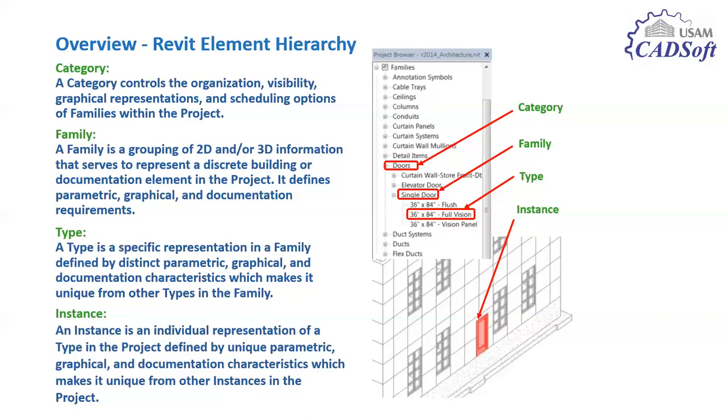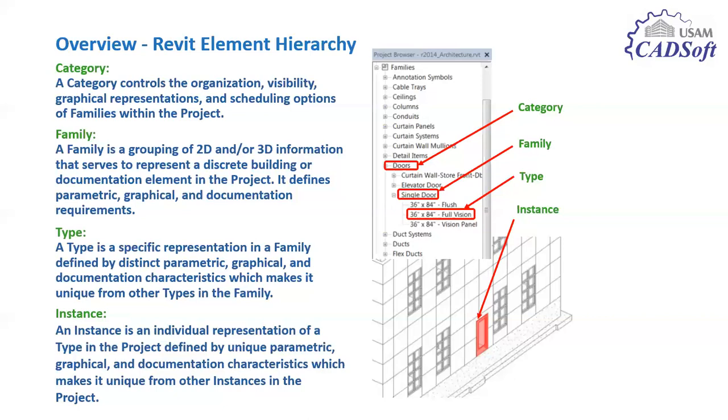Okay. So now, for all these families, an instance is basically the element which is there in the project, and that is unique or specific to that type. And a type is basically a specific type within a family which has different characteristics from the other types.